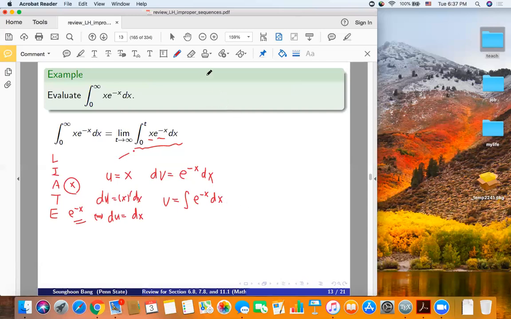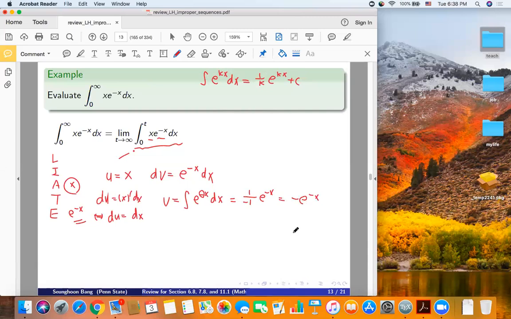We can use this rule: the integral of e to the kx dx is 1 over k e to the kx plus c. So here v is 1 over k, which is negative 1, times e to the minus x. The answer is negative e to the minus x. This is v.